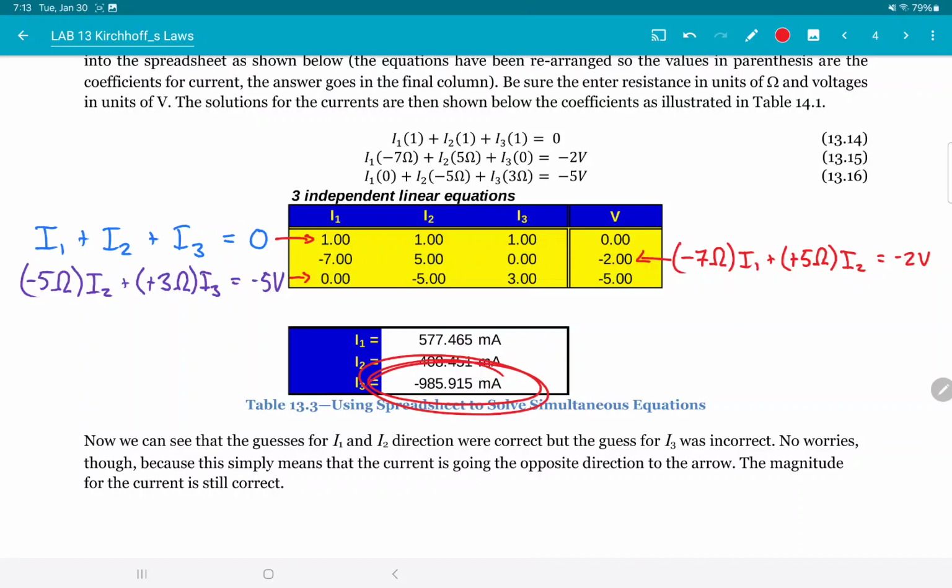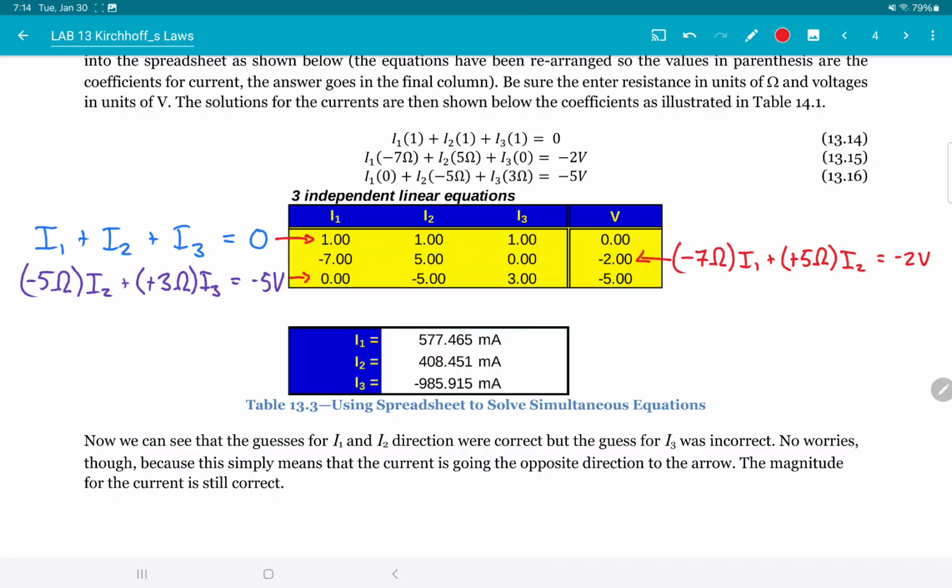It's actually going the opposite direction from what we anticipated based on the arrows that we drew. And I3 is actually going the opposite direction. We knew at least one of them had to be going in the opposite direction, but now, based on these calculations, we can actually see that it is in fact I3 that's doing it.